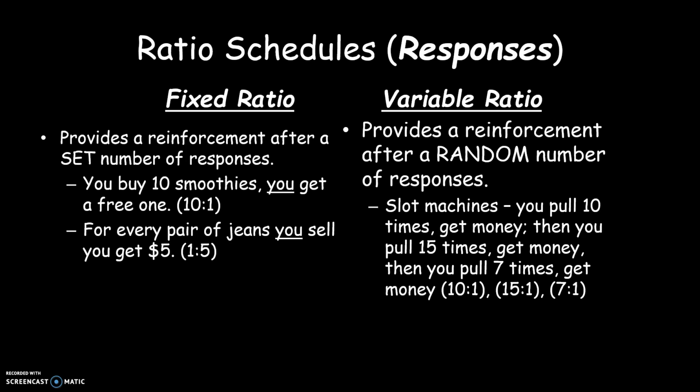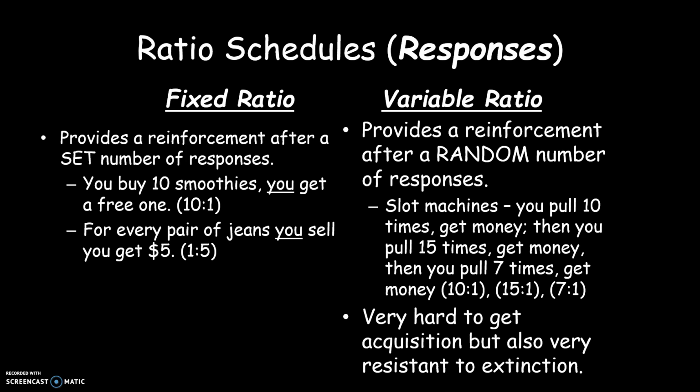That's really how slot machines and gambling establishments work. They play off the variable ratio schedule because you don't know when the next big win is coming. So they get you to keep playing and playing because you falsely think that this next one should be the next big winner. So again, also very hard to get acquisition, but also very resistant to extinction.